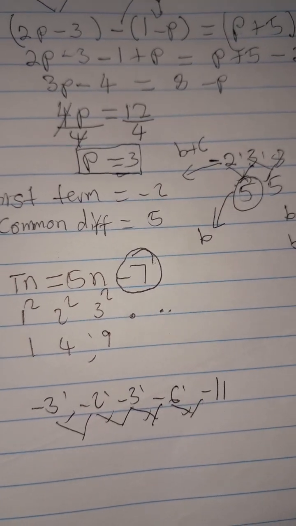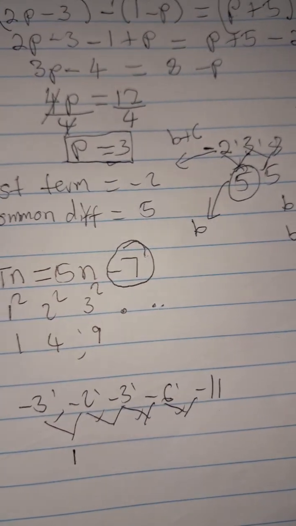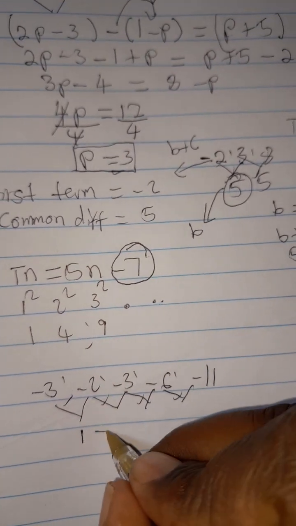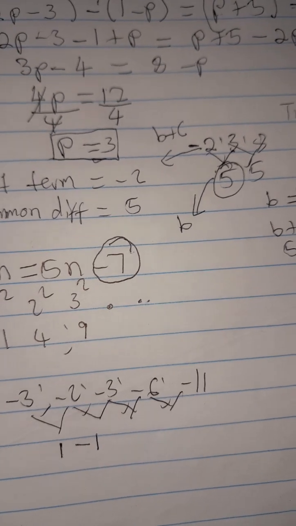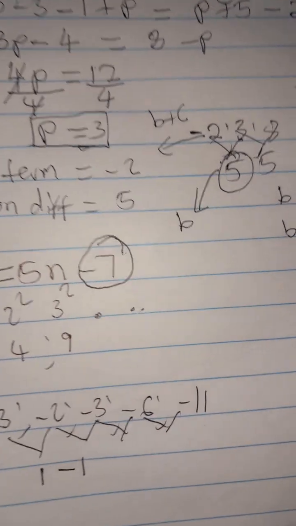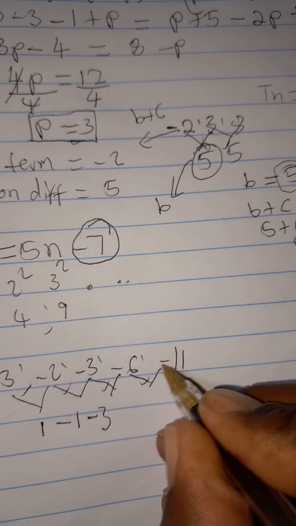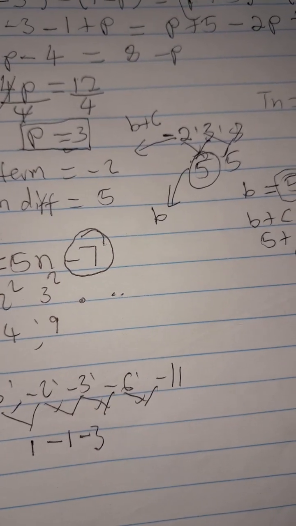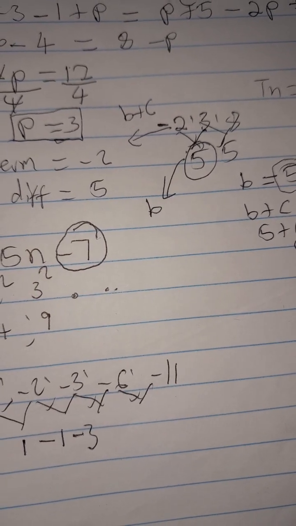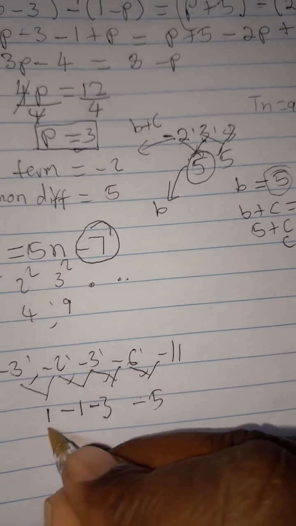Negative 2 minus negative 3, that's 1. Negative 3 minus negative 2 is negative 1. The difference between negative 6 and negative 3 is negative 3. The difference between negative 11 and negative 6 is negative 5.